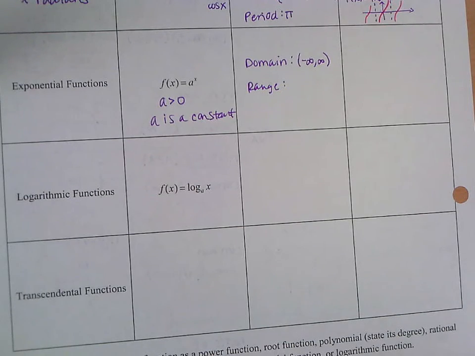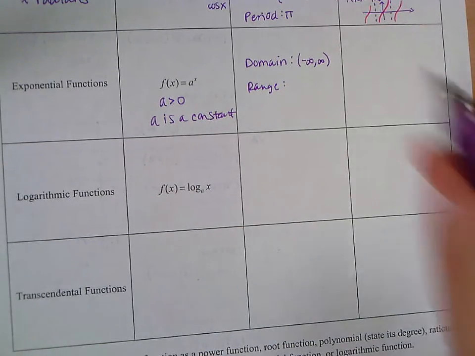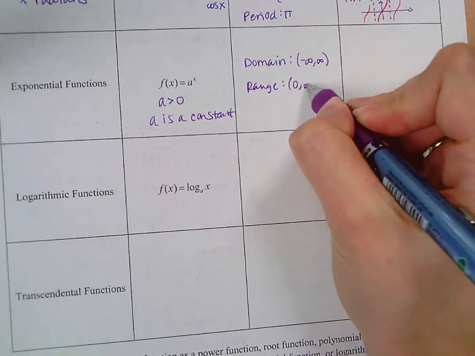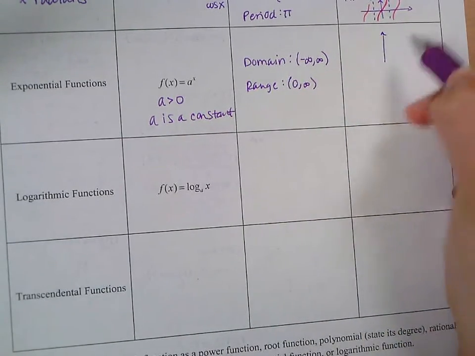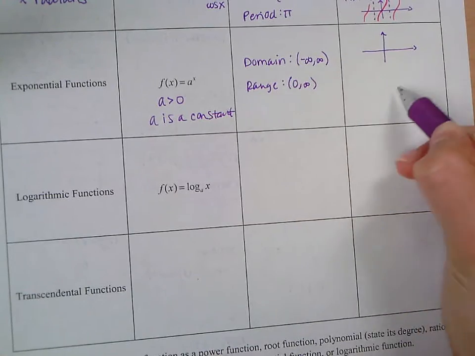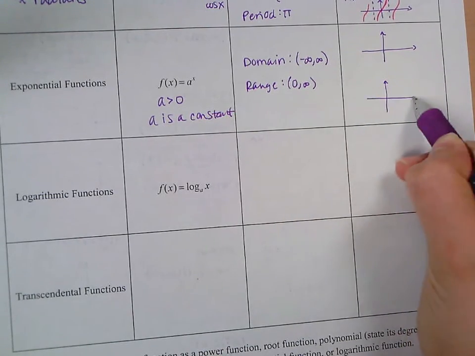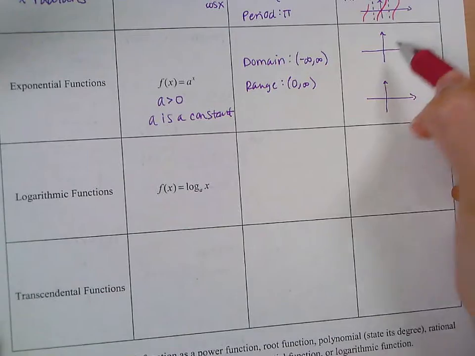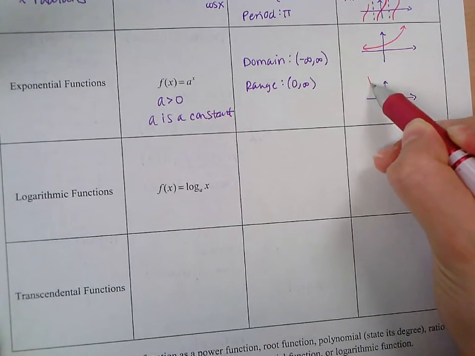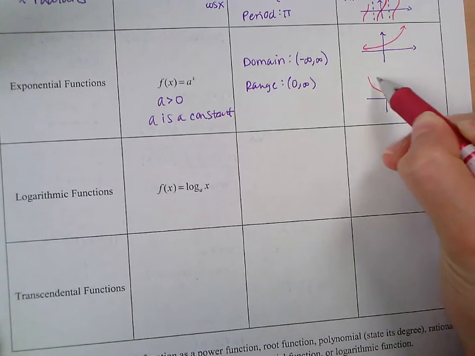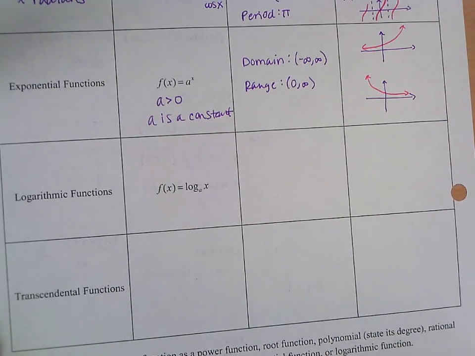Is 0 included? No. I purposely asked that before I drew the graph. So you may remember, this could look one of two ways. It could look like this, or the other way. So it could be increasing or decreasing.